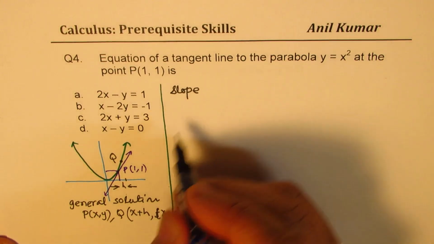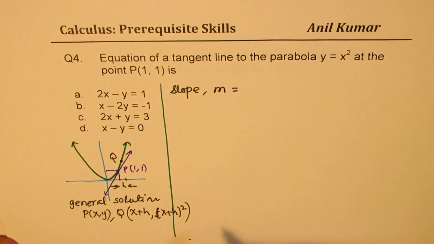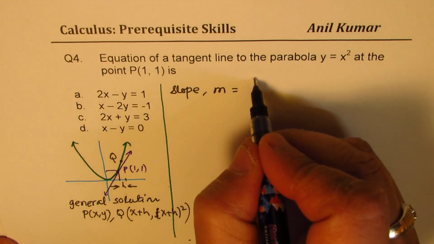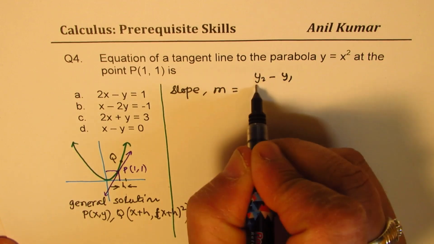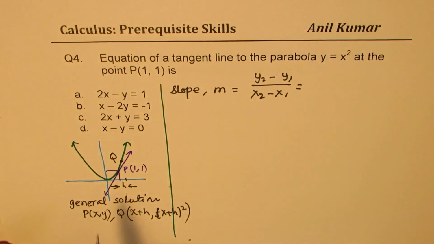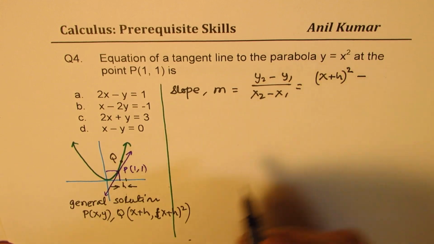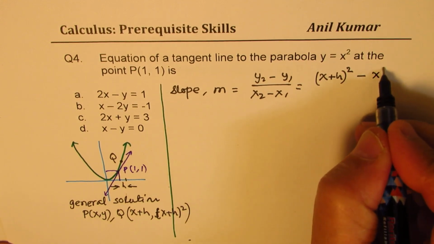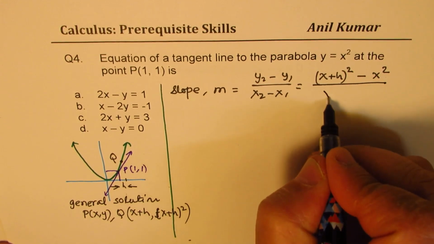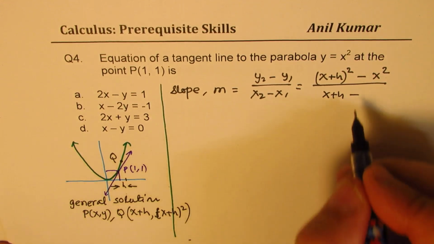So we can say the slope of this particular line, let's say m, will be equal to y2 minus y1 over x2 minus x1. Now, y2 is the point Q for us, so it is x plus h whole squared minus x squared over x plus h minus x. Is that clear to you?